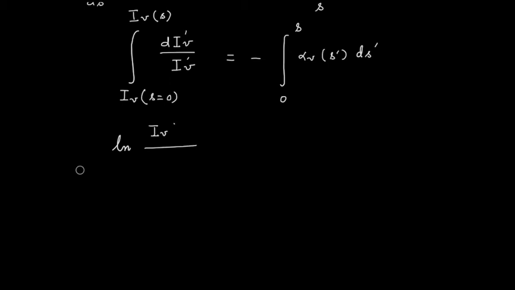Left hand side is a log, so it is ln of I nu at s by I nu. For this, let us write the short form, which is I nu 0.